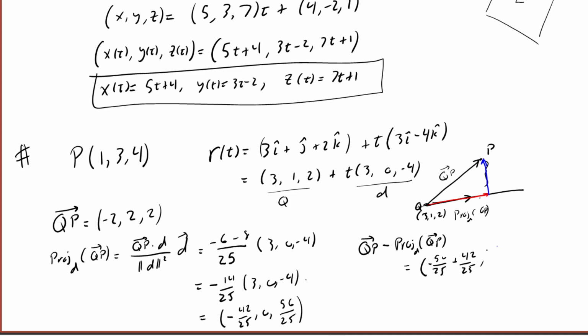Okay, then I do 2 minus 0. And then again, I'll do 50 over 25 minus 56 over 25. Okay, so I simplify this and I have minus 8 over 25, 2, and then minus 6 over 25.